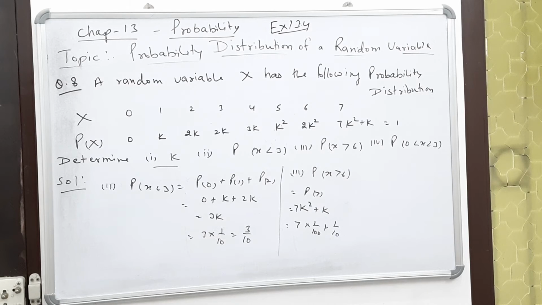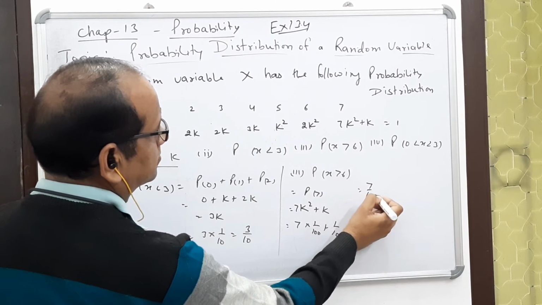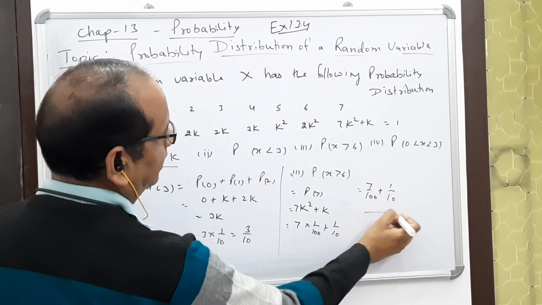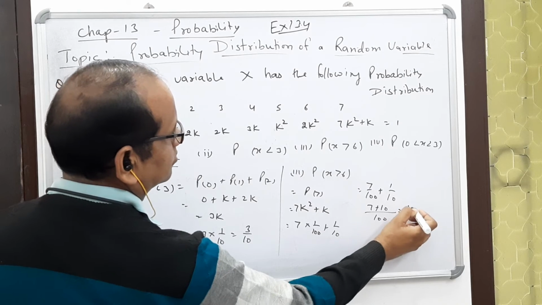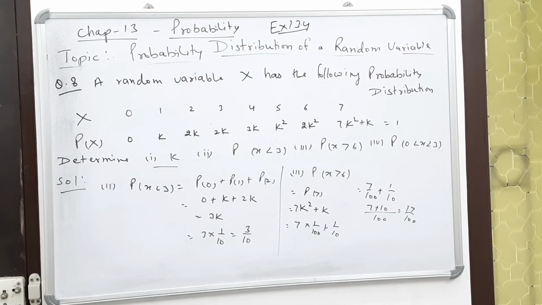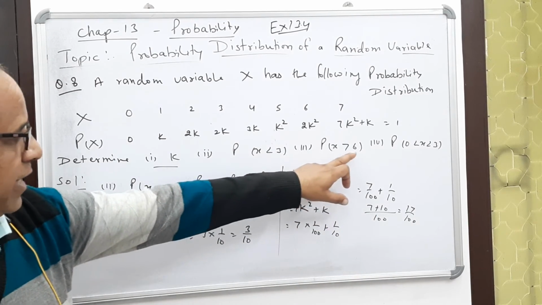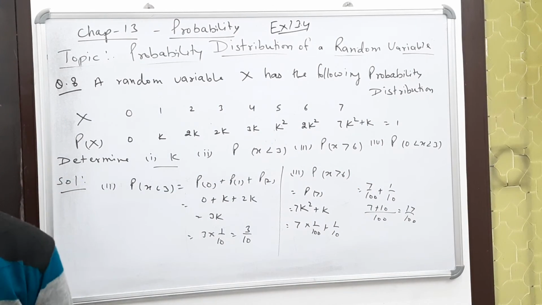I hope it is clear to you. When you take the LCM of 7 by 100 and 1 by 10, the LCM is 100. So 7 plus 10, so the answer is 17 by 100. I hope it is clear. So the third part answer is 17 by 100. X greater than 6, so only one variable is there.